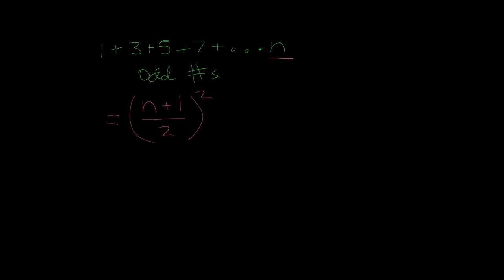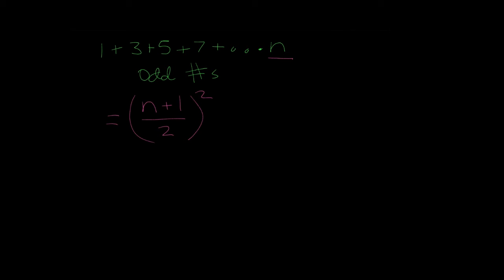It sounds and looks a lot more complicated than it really is. It's actually not very difficult, especially if you know your square numbers. But even if you don't, it's really not too complicated.